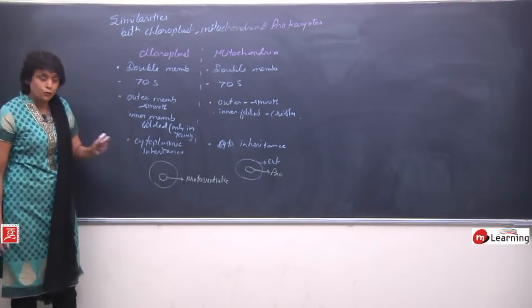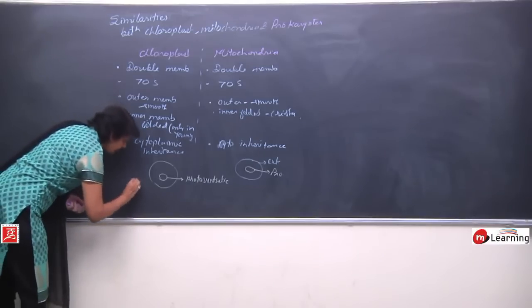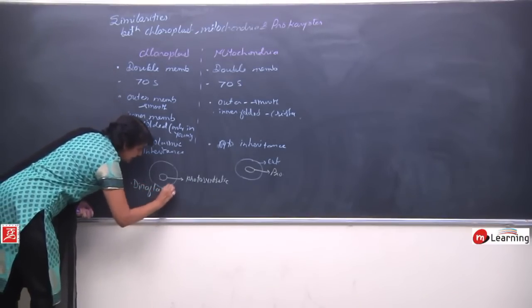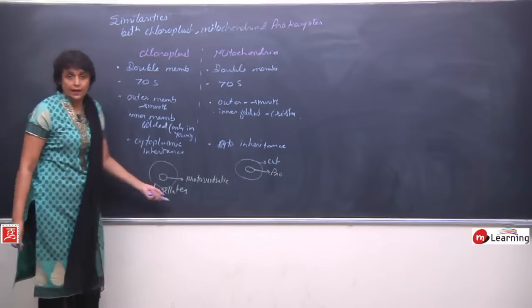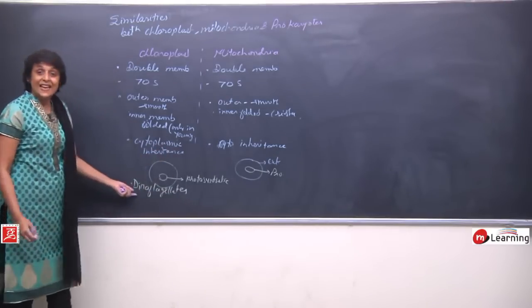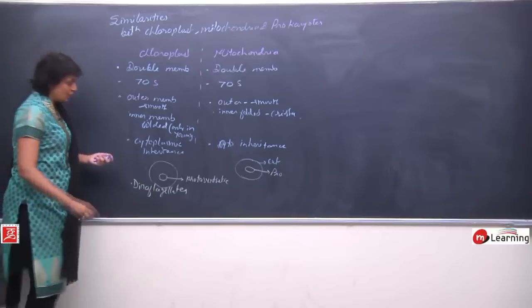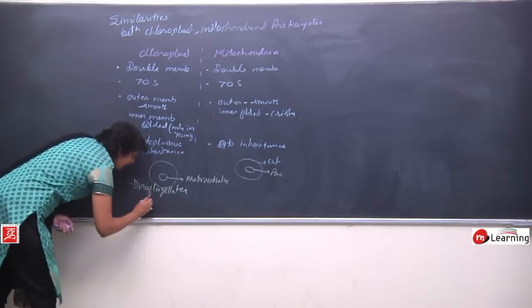There is one more proof to this. In dinoflagellates, which are photosynthetic protists, they have some endosymbiotic green algae. So in the body of a dinoflagellate, there is a green alga.